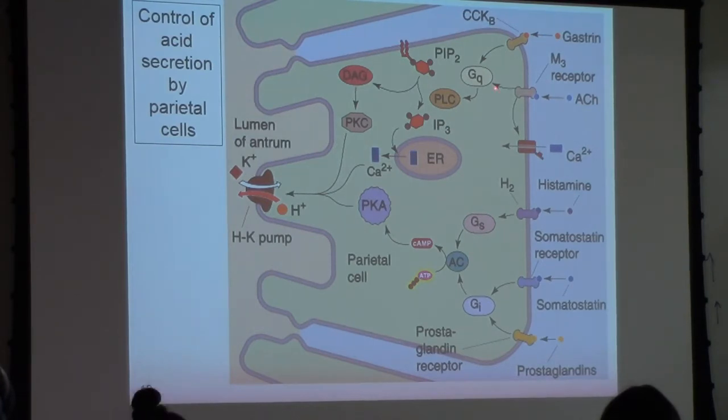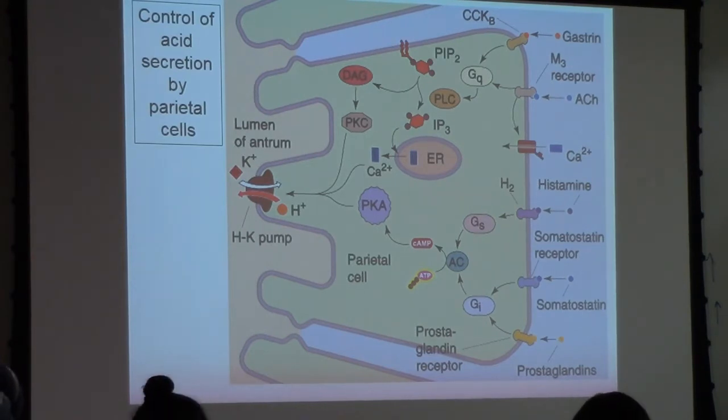Here is the acetylcholine story. It's the same story, it's just a different receptor. The acetylcholine interacts with a different GQ coupled receptor. Here's histamine. Histamine also stimulates, but not through PKC, but through GS and PKA, the canonical GS story.